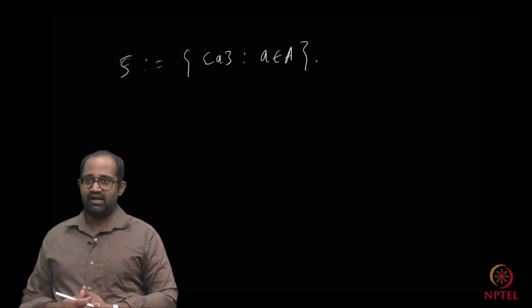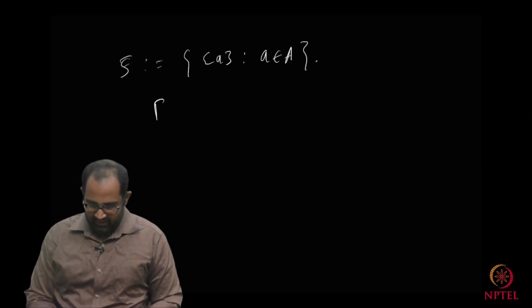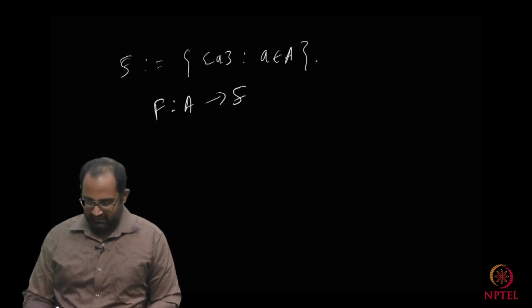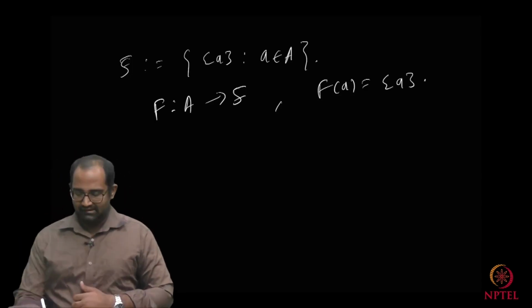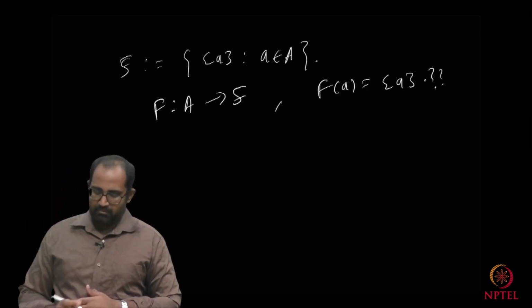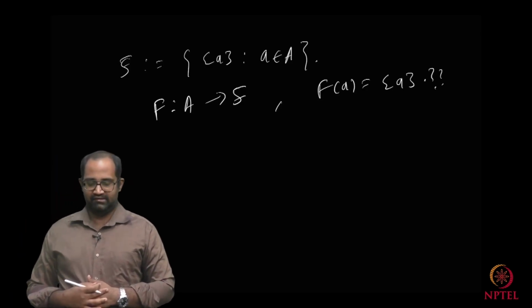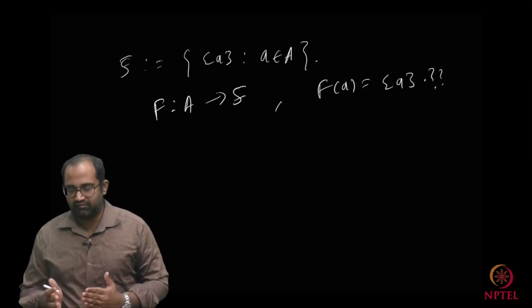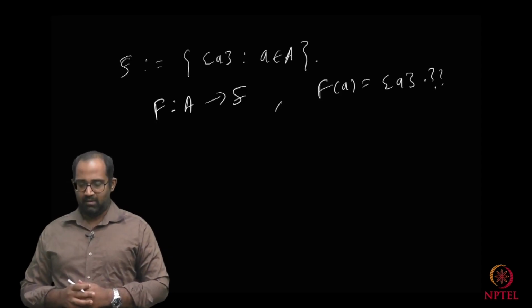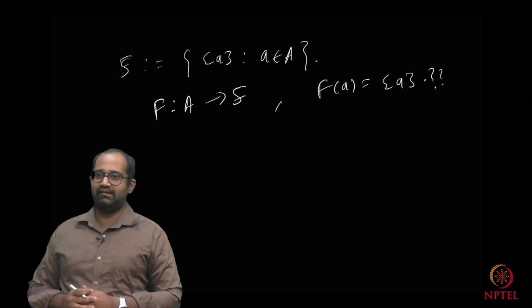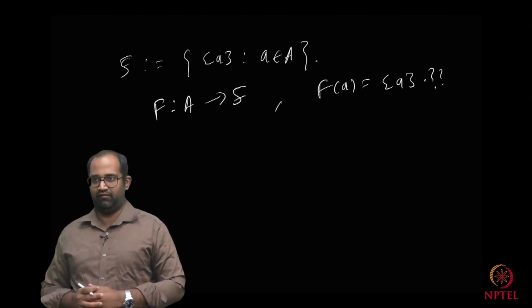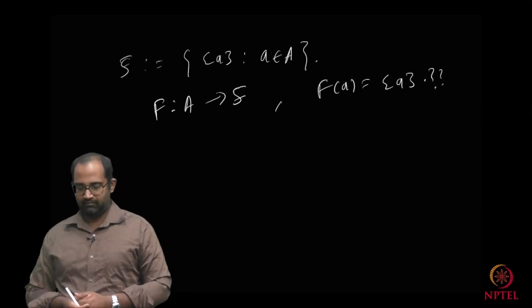Why not just consider the function f from A to the family F given by f of A equals box A? Why not just index this family by the elements of A itself? Please pause the video and think for a couple of minutes what goes wrong if you index this family by the set A itself.